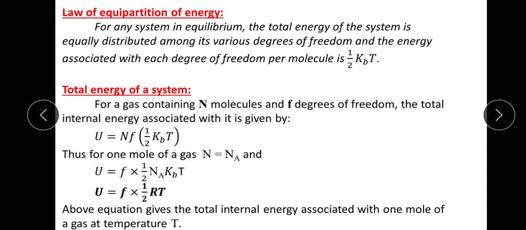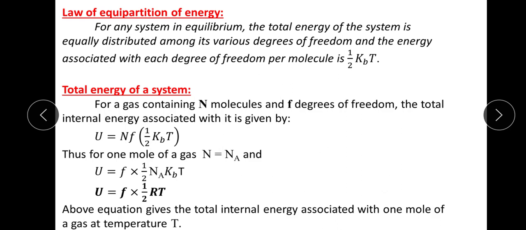Now, what does the law of equipartition of energy say? The law of equipartition of energy says that the total energy of the system is equally distributed among its various degrees of freedom, and the energy associated with each degree of freedom per molecule is half kT. So this law gives how the energy is going to be distributed among the various degrees of freedom in equilibrium.